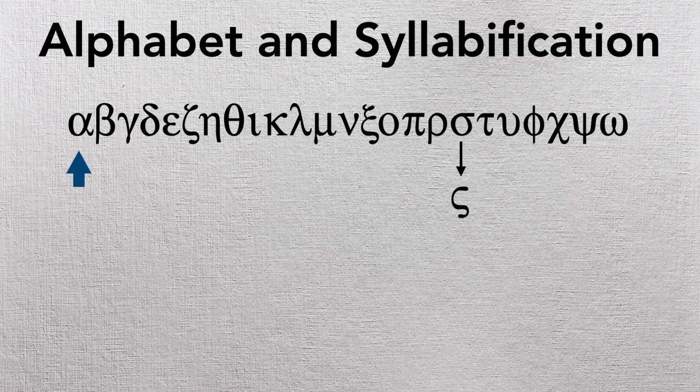It's alpha, beta, gamma, delta, epsilon, zeta, eta, theta, iota, kappa, lambda, mu, nu, xi, omicron, pi, rho, sigma, tau, upsilon, phi, chi, psi, omega. That's the alphabet for you.